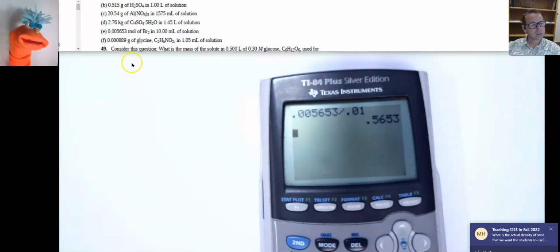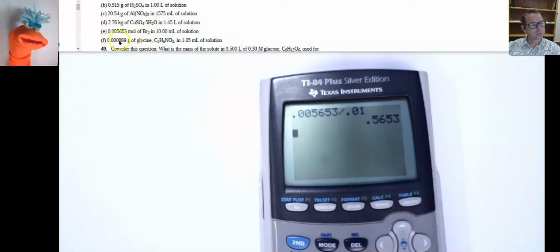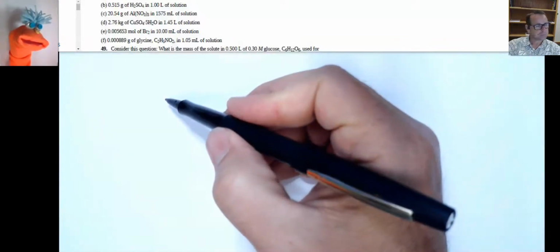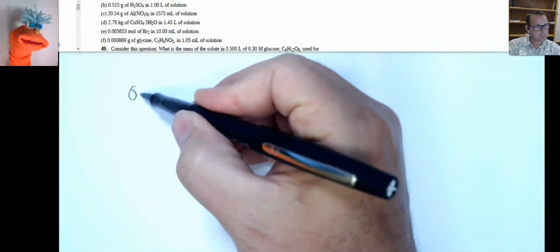Okay, so F. Grams of glycine, 1.05 milliliters of solution. Molar mass of glycine. According to Wikipedia, glycine is an amino acid that has a single hydrogen atom as its side chain.